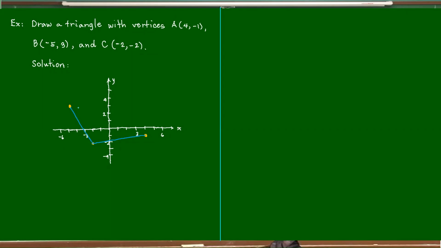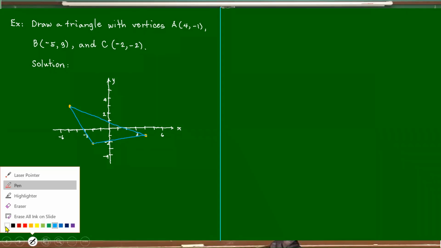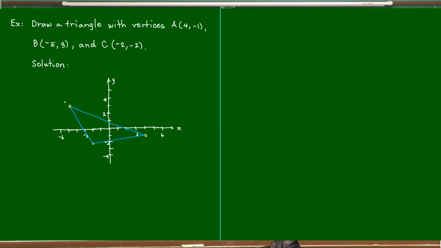This is the triangle. So let's name them. This is point A, point B, and point C. Any question with this? So that's how to draw a plane figure called a triangle in the Cartesian plane.